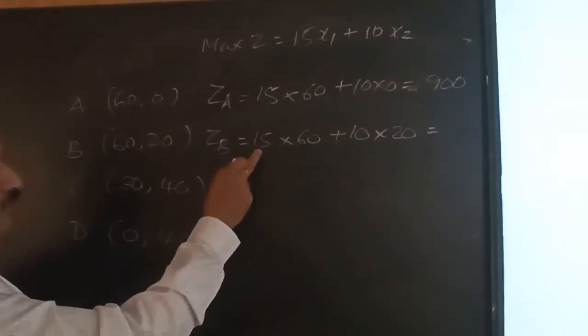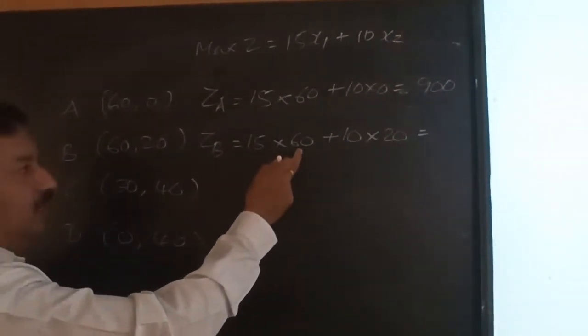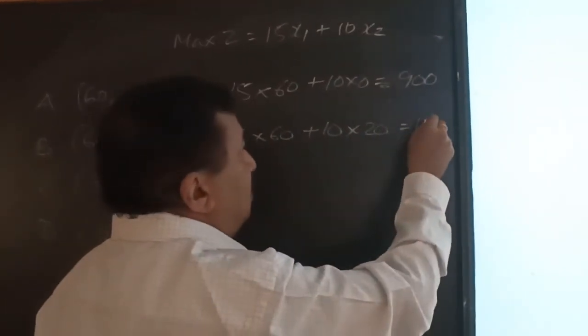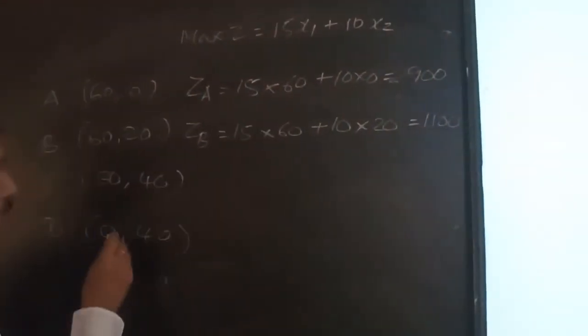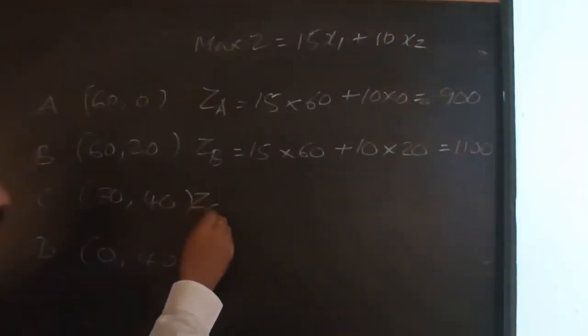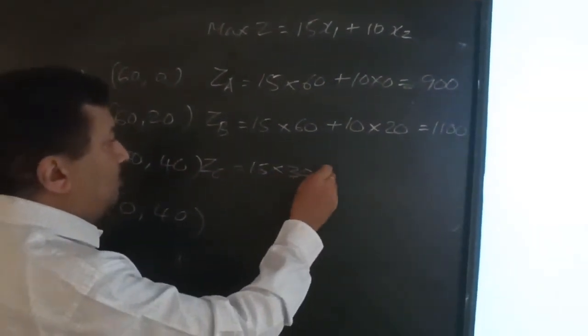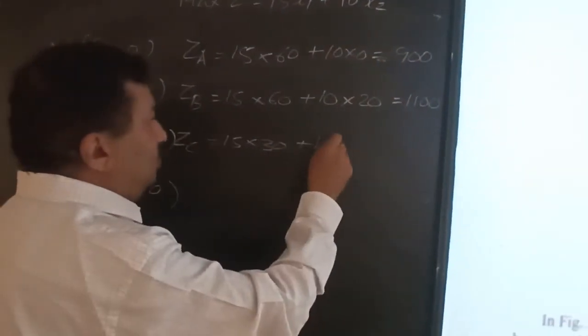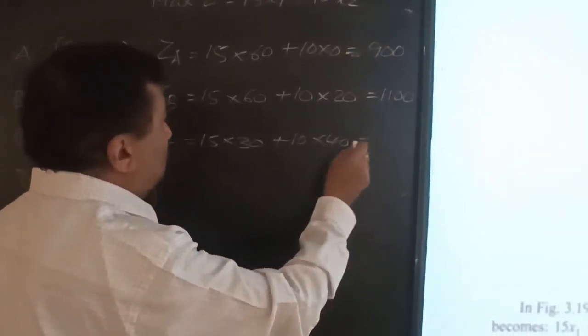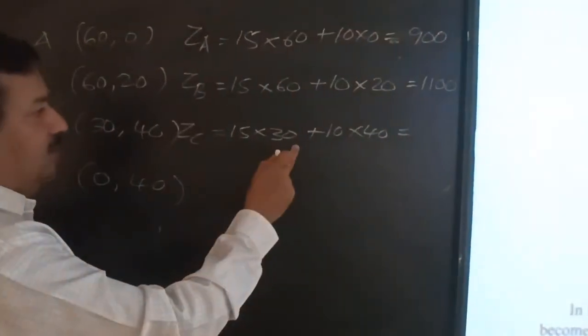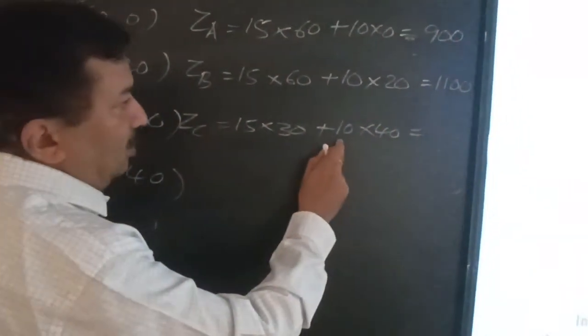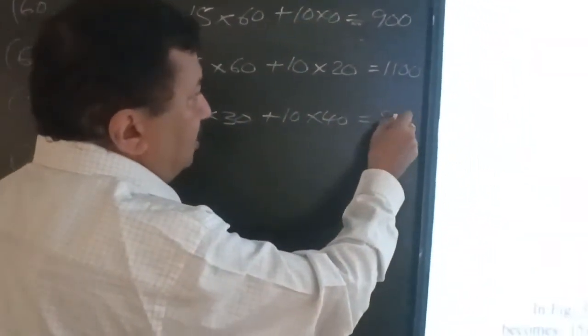So 15 into 60 is 900, plus 200, 1100. Let us look at C. 15 into 30 plus 10 into 40. 15 into 30 is 450, plus 400, 850.